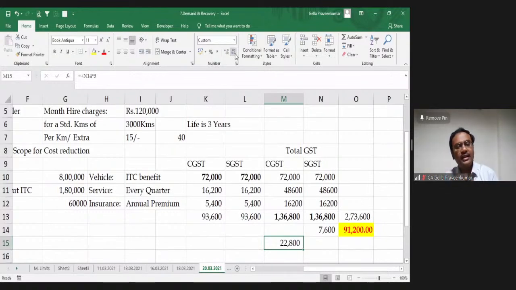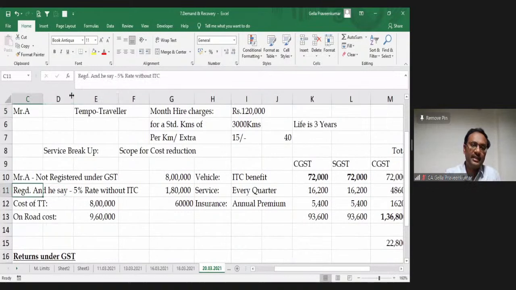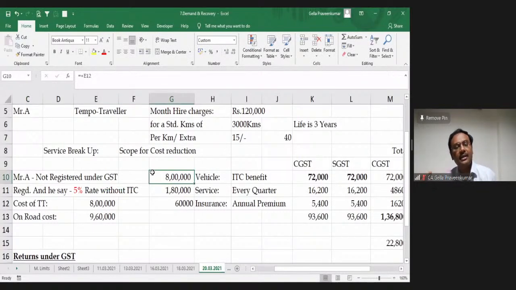Now, this is what we do, a verification of tax benefits available, whether the assessee has availed or not. So if this gentleman, Mr. A, has not registered under GST, or assuming Mr. A has registered under GST but is paying only 5%. Why 5%? This gentleman doesn't want to get into the ambiguity of filing returns every month, collection of taxes from the customer, and getting the audit done on an annual basis.